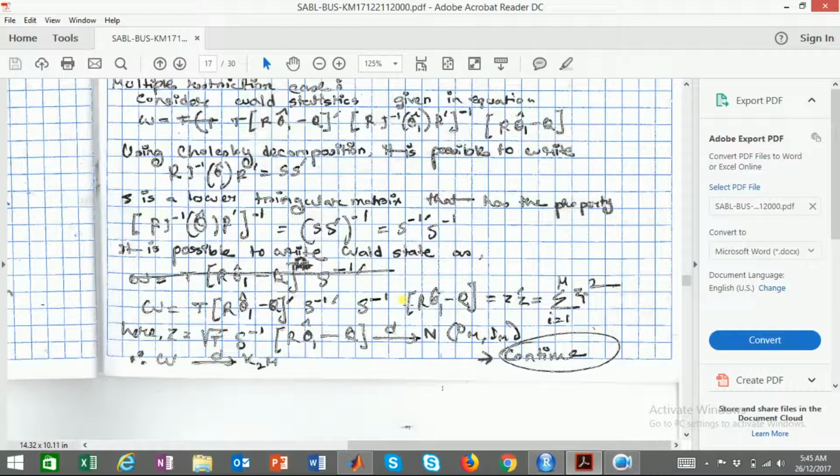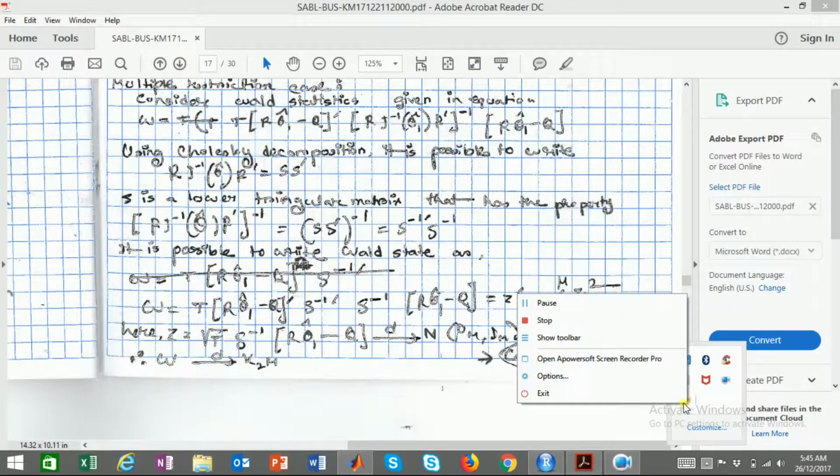Cholesky decomposition can be very easily called from MATLAB. This equals Z prime multiplied to Z, because this portion can be Z prime and this portion can be Z, which is the sum of Zi square, where Z is equal to root T, S inverse transpose R theta 1 minus Q, with mean 0 and information matrix I distribution. So the Wald statistic is distributed as chi-square M.